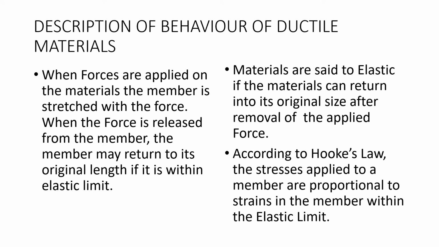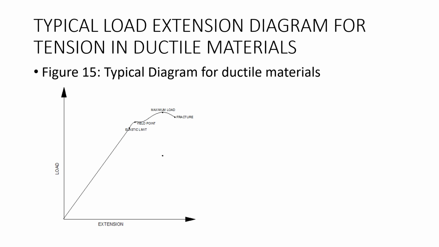Description of behavior of tensile materials. When forces are applied on materials, the member is stretched with the force. When the force is released, the member may return to its original length if it is within the elastic limit. Materials are said to be elastic if the material can return to its original size after removal of the applied force. According to Hooke's law, the stresses applied to a member are proportional to the strains in the member within the elastic limit.